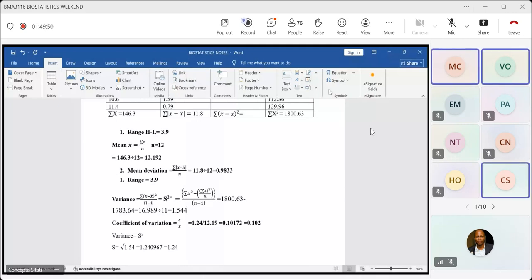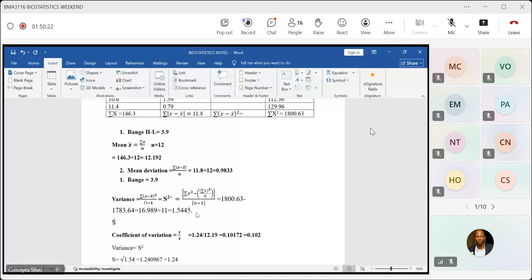Now, I want you to look at the difference between the data in the second table and the data in the first table. You remember the first table, how the data was sparse, the range between the first and the last was very high. And look at the range this time, and then look at the variance. That is what we are talking about, right? And then now, what is the standard deviation? That's the square root of 1.54445.